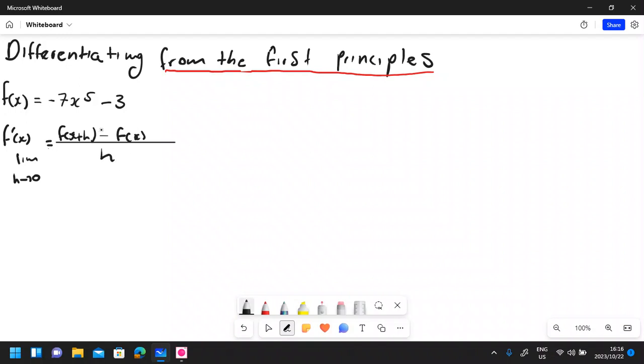This is the formula that you're going to use in order for us to differentiate this function from the first principle.